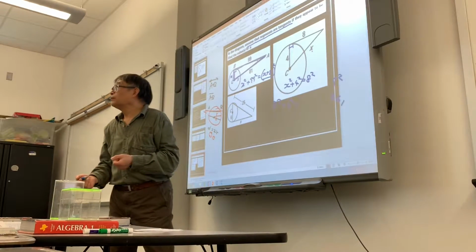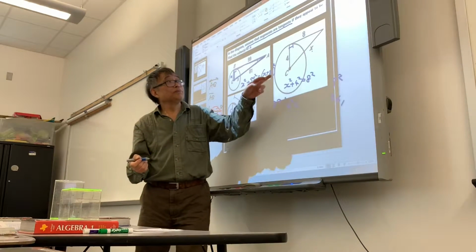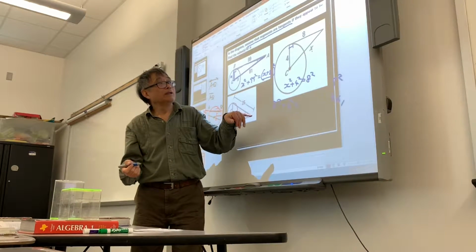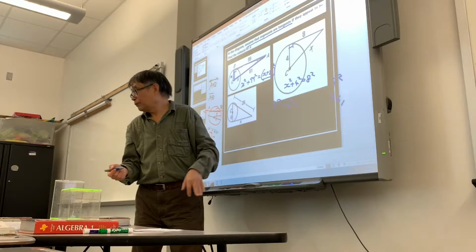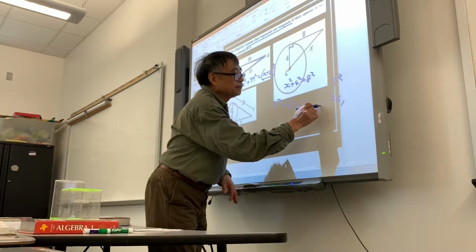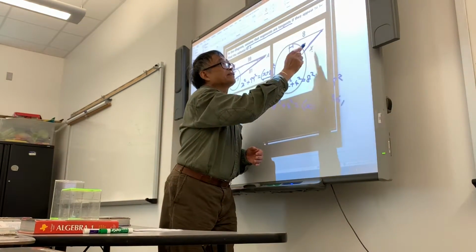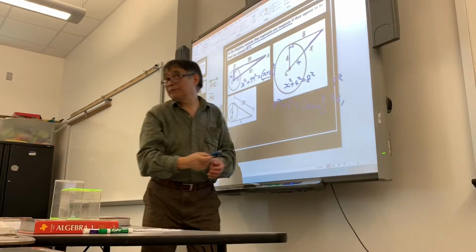It's 4 squared plus 8 squared equals (4 plus x) squared, because x is just a segment outside of the circle. This side is x. This side is 4.